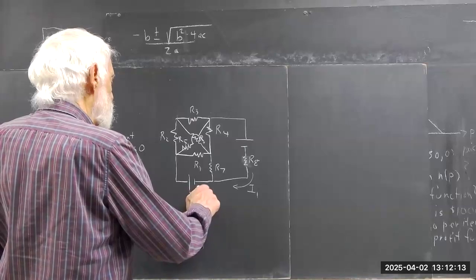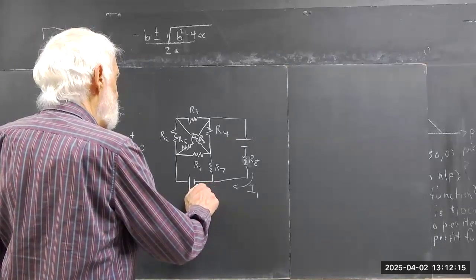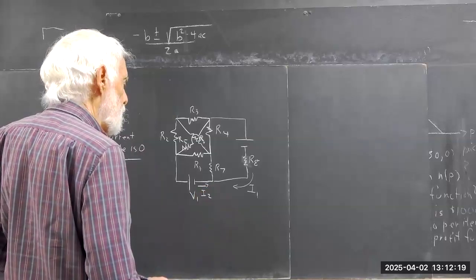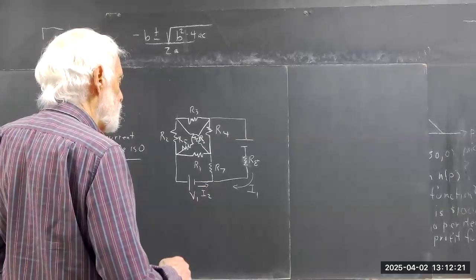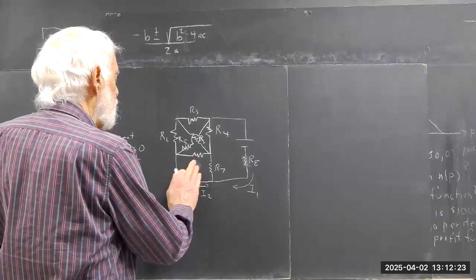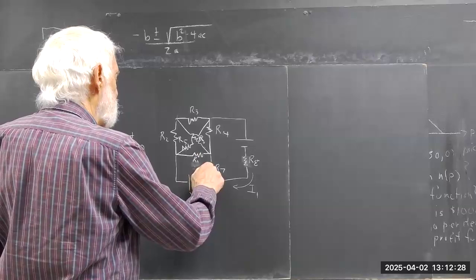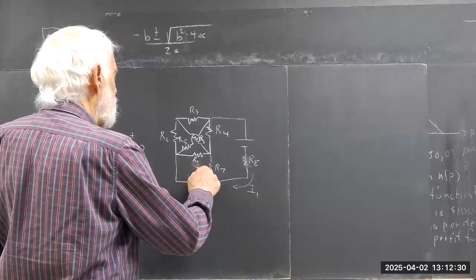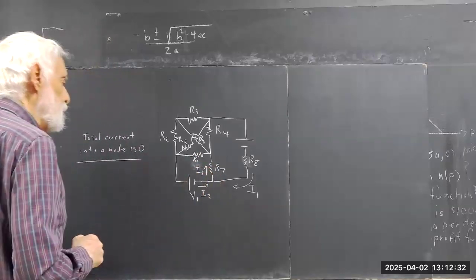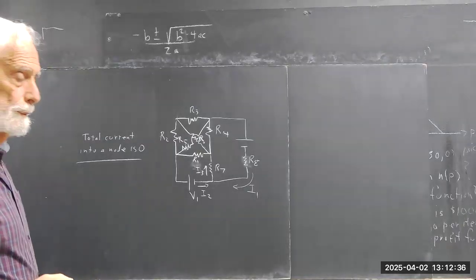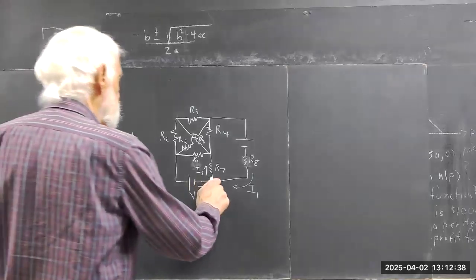Then let's just say I've got a current I2 here. Let's put a current I3 here. This is a node.